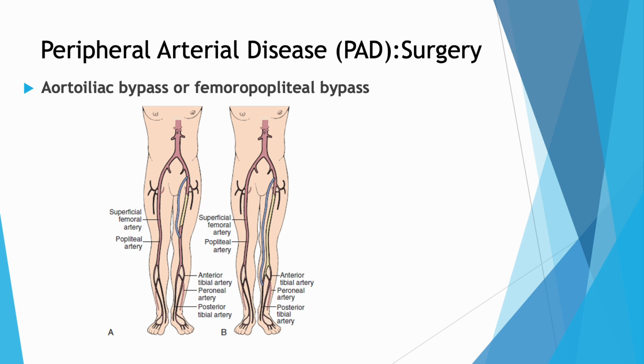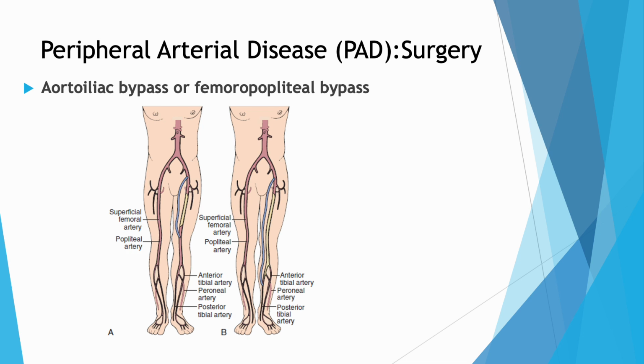They take the vein and they use it as a graft from the femoral artery down to the popliteal artery, and that's a fempop. And you can see that's a longer graft than the aortoiliac, but they're both bypasses. It's done to get more blood flow to that area, and it's only palliative.